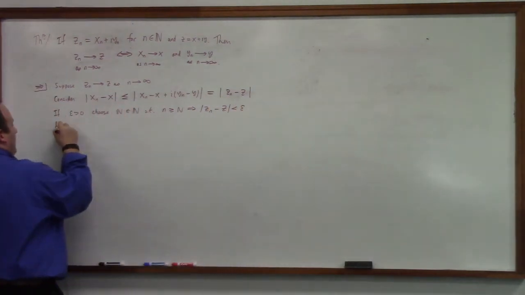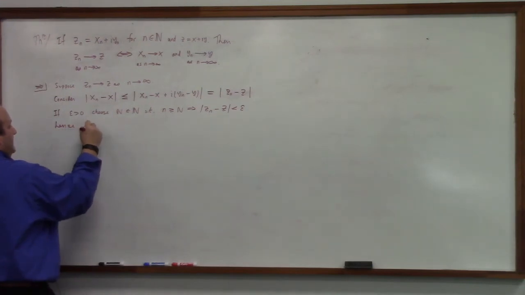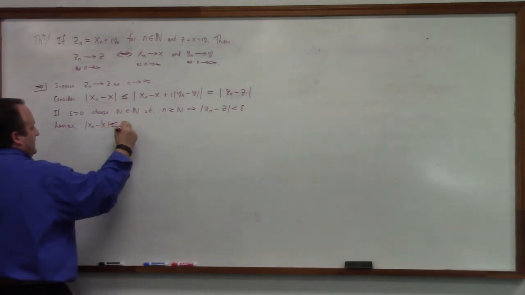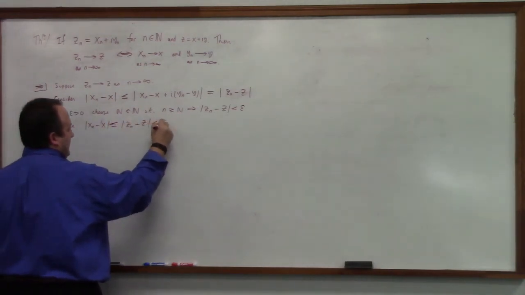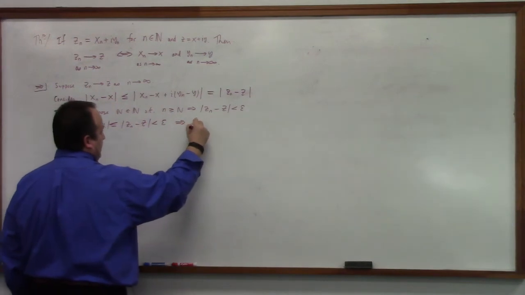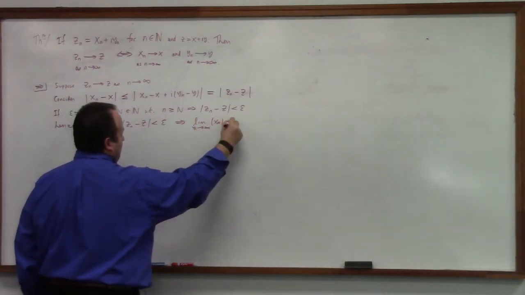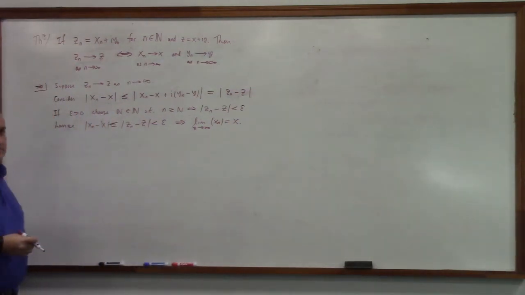Hence modulus of xn minus x, which is less than or equal to modulus of zn minus z, is less than epsilon, which implies, of course, that the limit as n goes to infinity of xn is equal to x. A very similar argument gives you that yn goes to y. Okay?